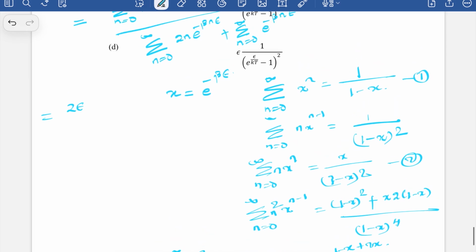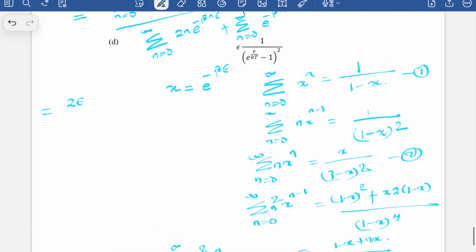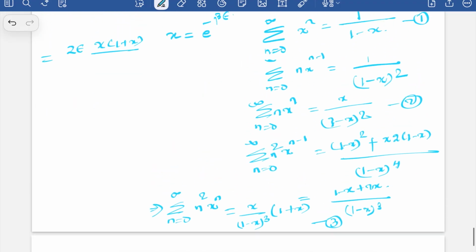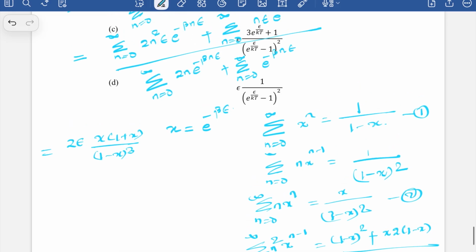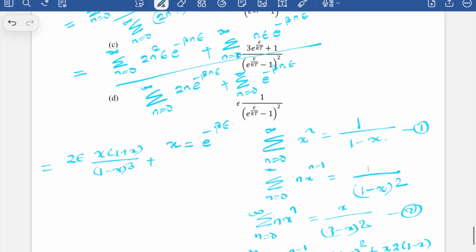Here x is equal to 1 minus beta x into 1 plus x by 1 minus x whole cube plus epsilon n x to the power n summation over n equal to 0 to infinity.